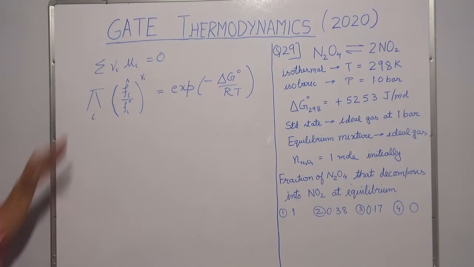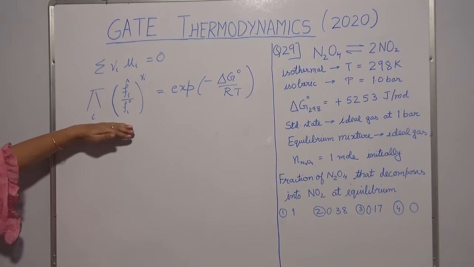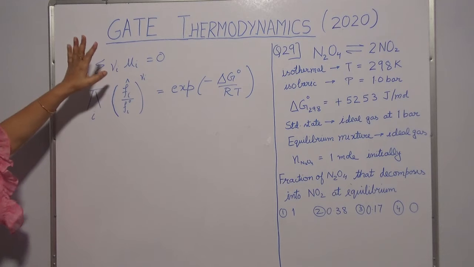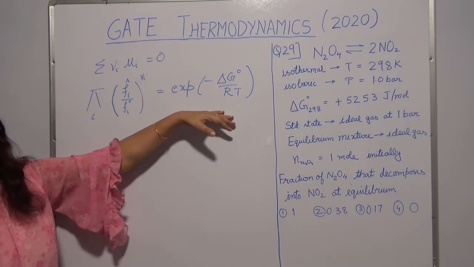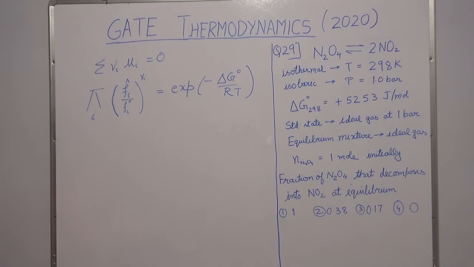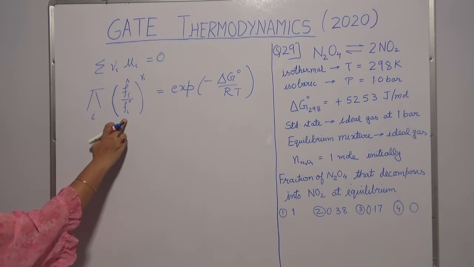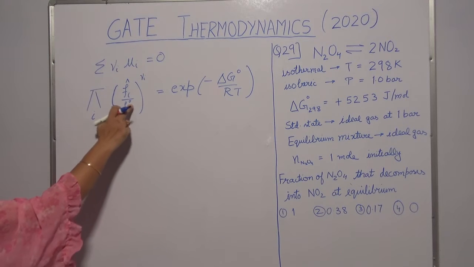So starting from here, put the definitions of fugacities, replace chemical potential by fugacities, and then you end up with this equation. In this case, as I have told you, the delta G0 is the standard Gibbs free energy change of reaction, and this f_i naught is the fugacity of species i at the standard state.